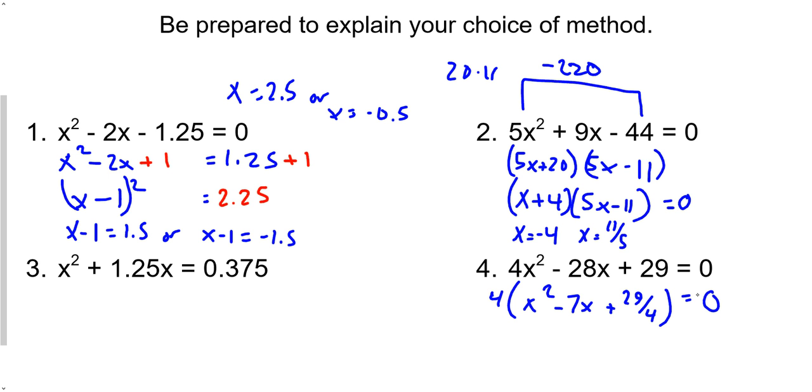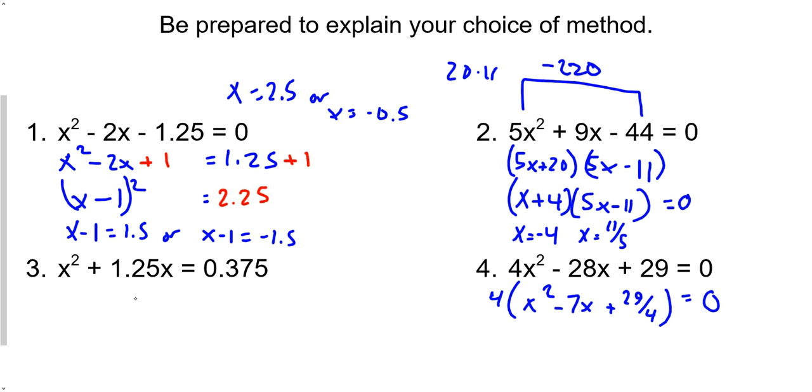You can complete the square on this polynomial, just ignoring the 4 for now. You can then multiply the 4 back in. So you could do that if you aren't sure about how to factor that.